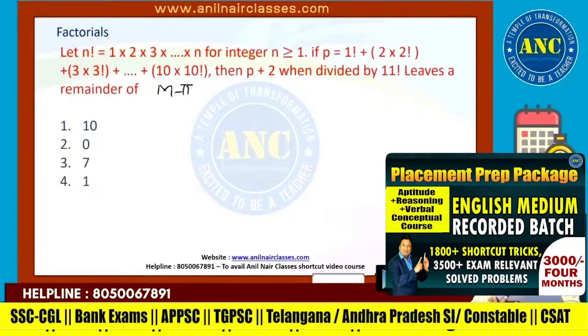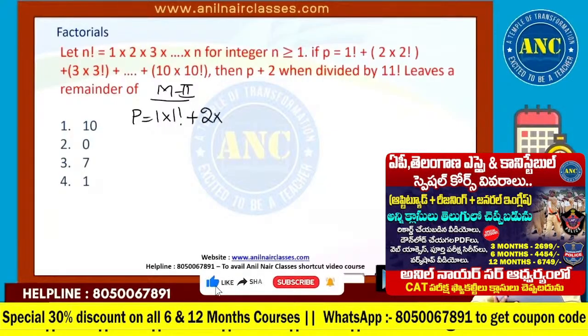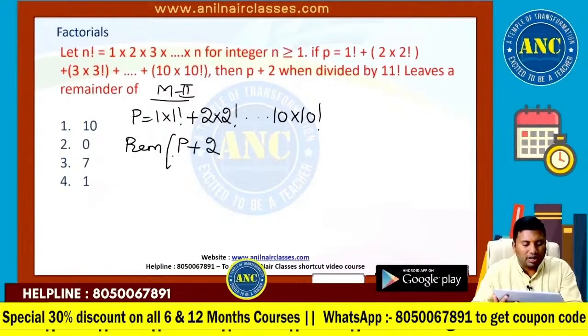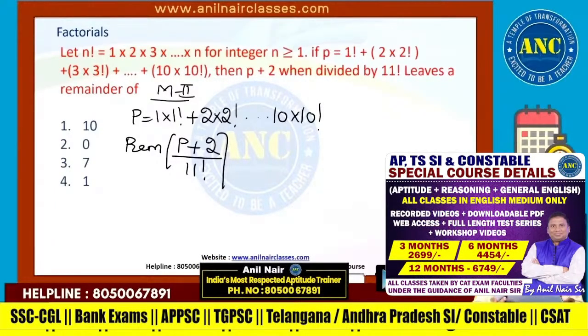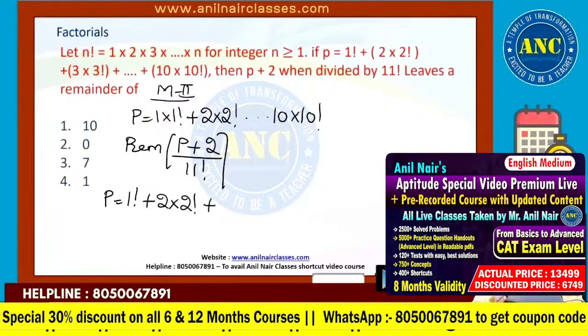Method 2. The question is like this. P is 1 into 1 factorial, 2 into 2 factorial and so on up to 10 into 10 factorial. Remainder when P plus 2 is divided by 11 factorial. It is ending with 10 factorial, and the denominator is 11 factorial. So let us take some smaller values. 1 factorial plus 2 into 2 factorial plus 3 into 3 factorial.